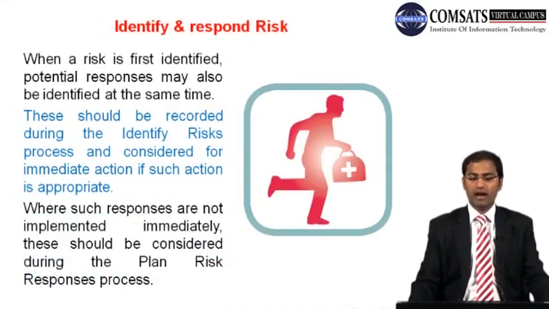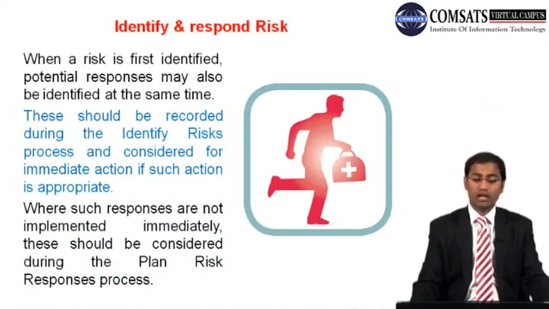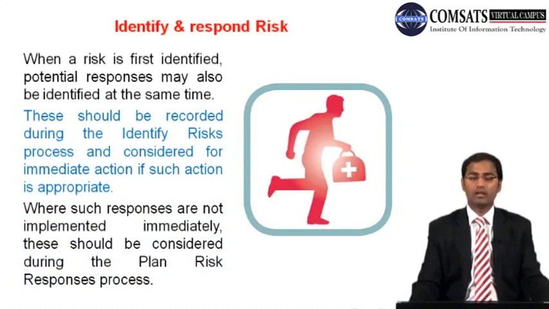So identify and response risk. When a risk is first identified, potential responses may also be identified at the same time. So if we have identified this one risk, that one of the laborers may fall from the 8th story, what would have been the responses?